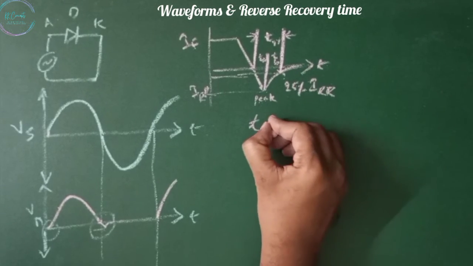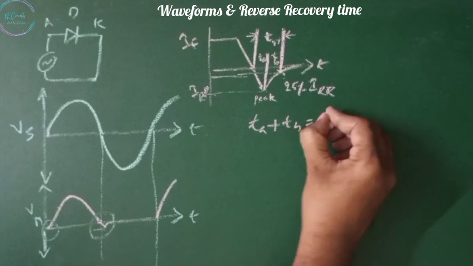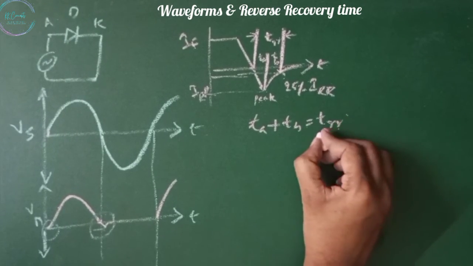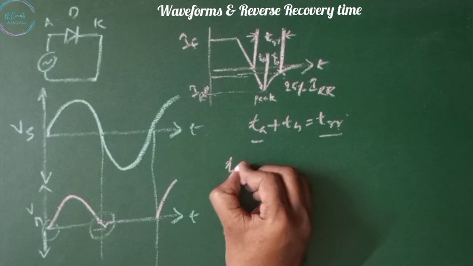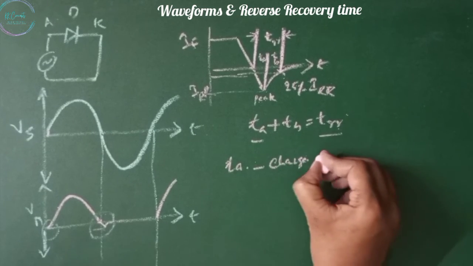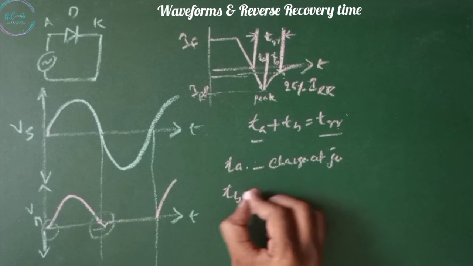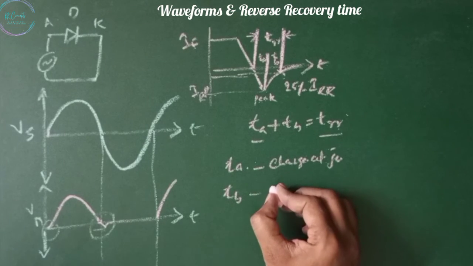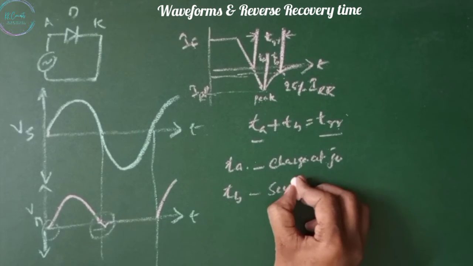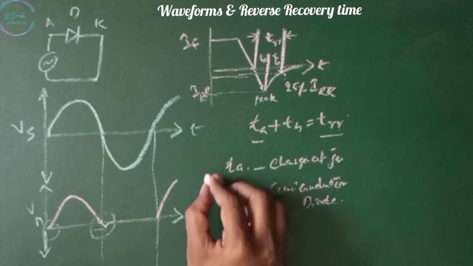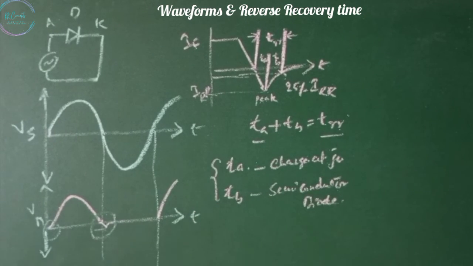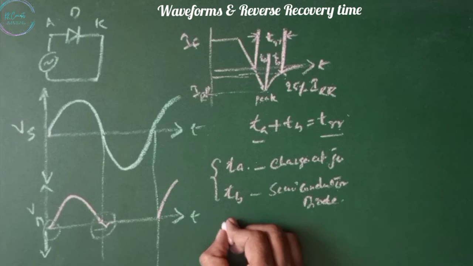TA plus TB equals TRR, the reverse recovery time. TA is due to the charges at the junction, and TB is due to the charges inside the semiconductor diode, caused by the minority charges.